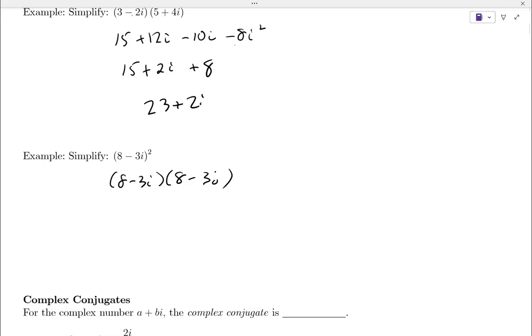What would we get here? So we're out of time. What would we get? Oh yeah, just go ahead. Just tell me. Yeah. 64 minus 24i minus 24i plus 9i squared. Good.